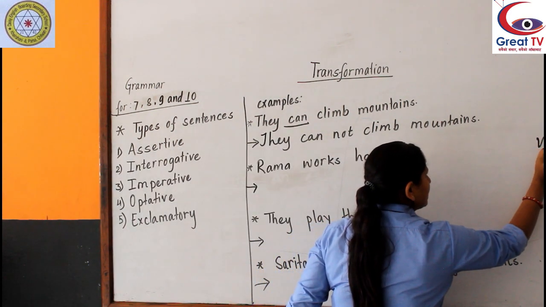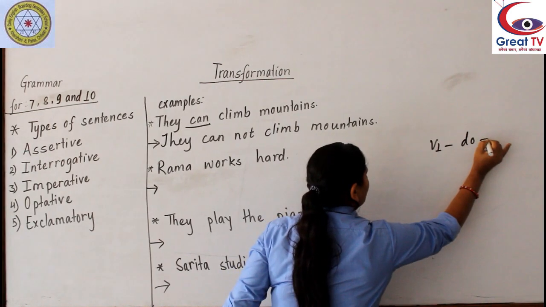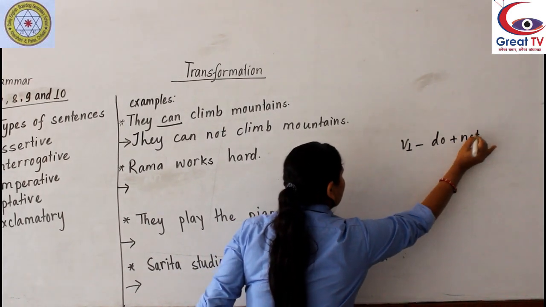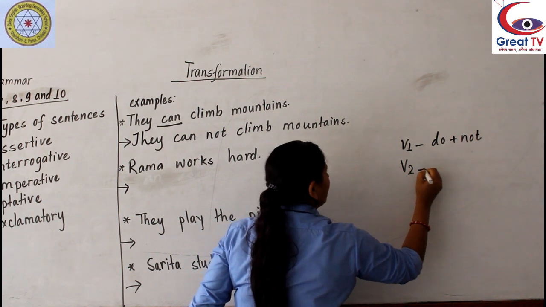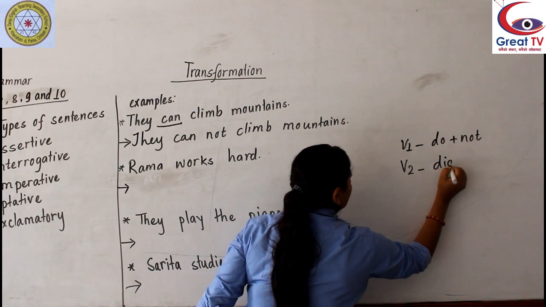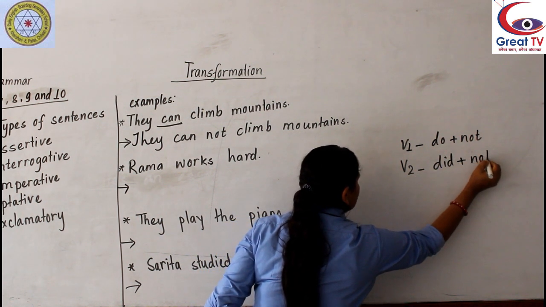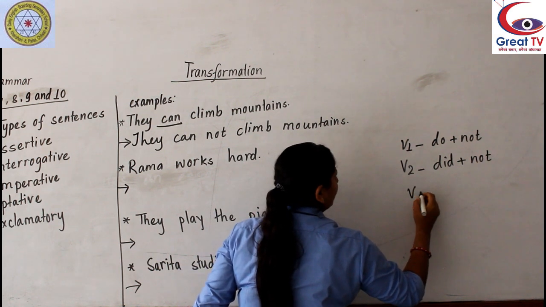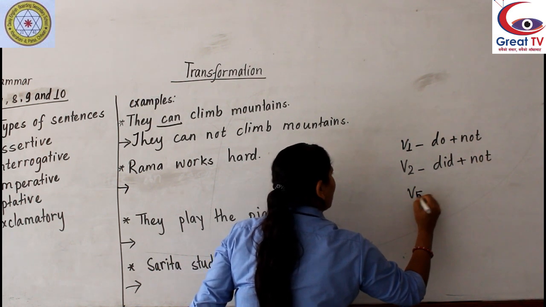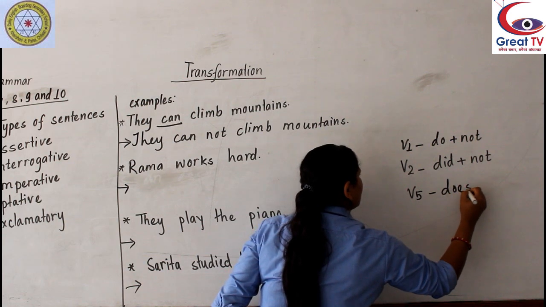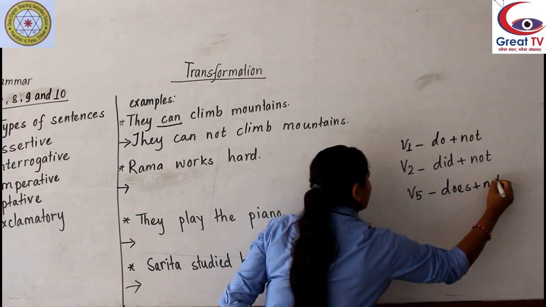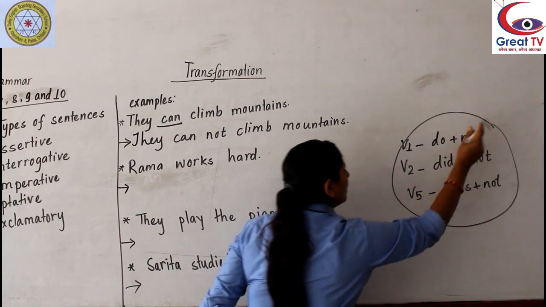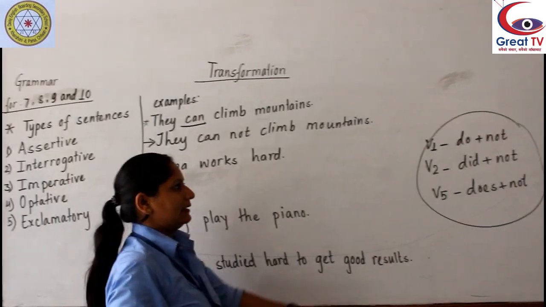If the main verb is V1, do plus not. If the main verb is V2, did plus not. And if it is V5, does plus not. This is the important thing we need to keep in our mind.